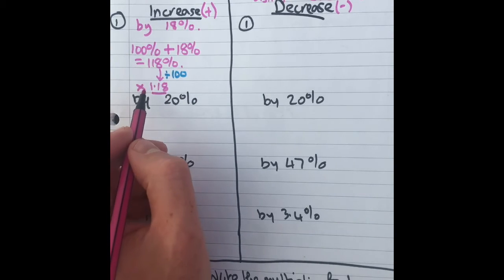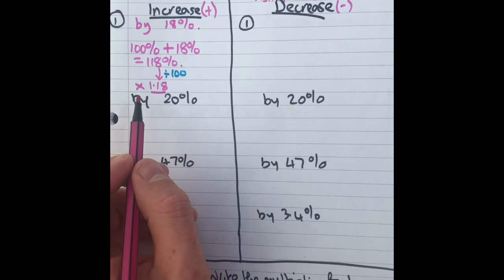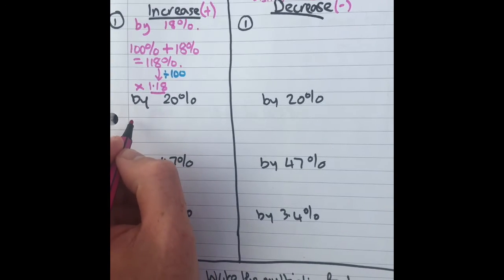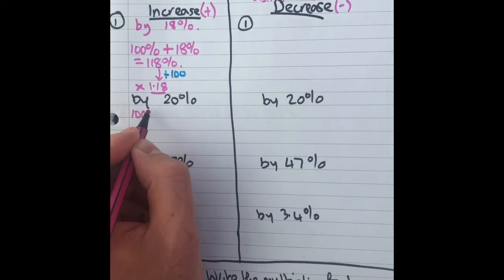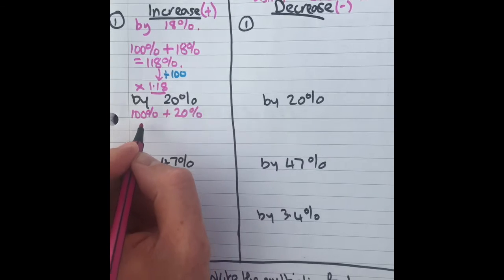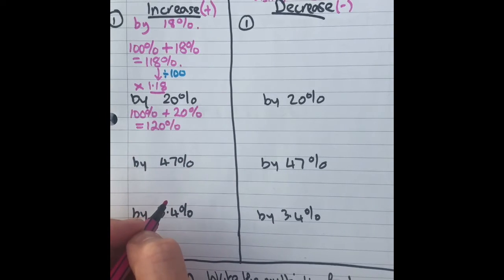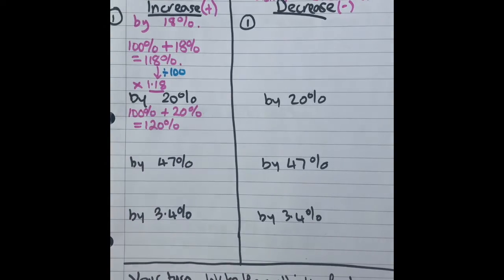So the second one, increase by 20%. So 100% you start with, add 20% on, and that gives you 120%. So how do you change that into a decimal?